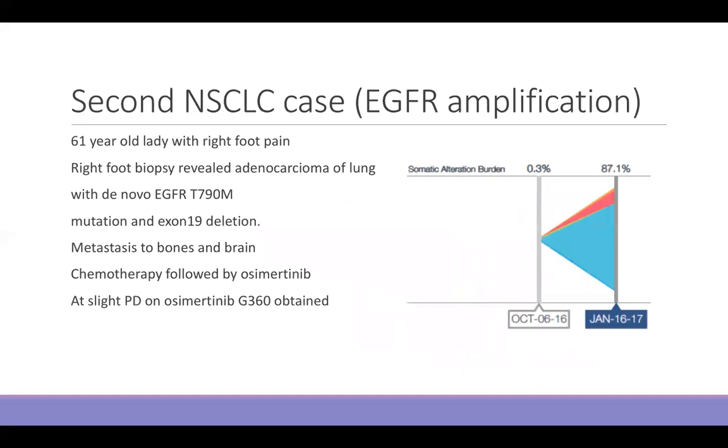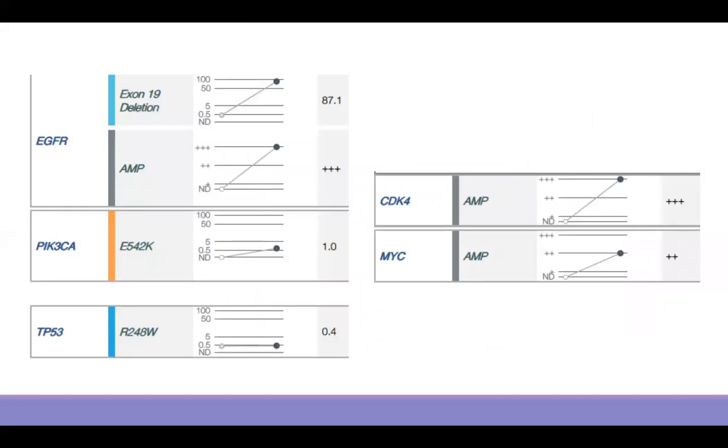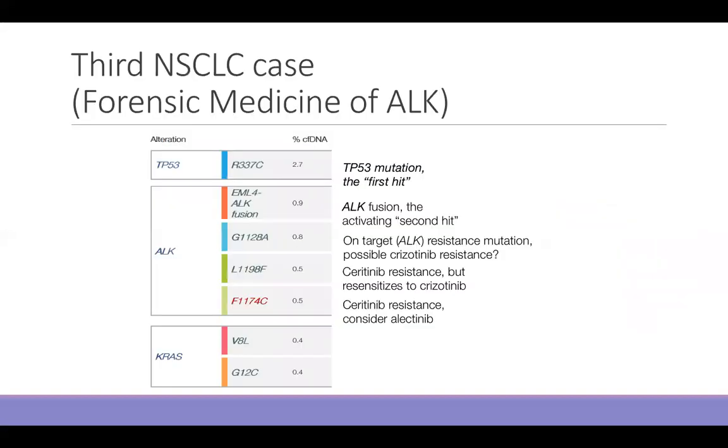Very unique, interesting case. This is a case that shows EGFR amplification when treated with osimertinib. As you can see, ctDNA is able to detect EGFR amplification. I do think ctDNA assays are like forensic medicine.